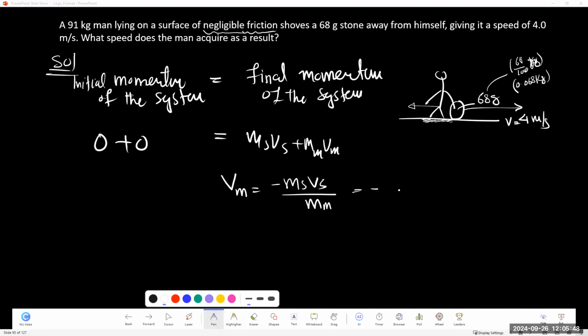I'm going to be using that one, 0.068 kg, and the velocity is 4 meters per second, divided by 91 kilogram, which is the weight of the person given right here. So substitute all the values, the answer would be minus 3.